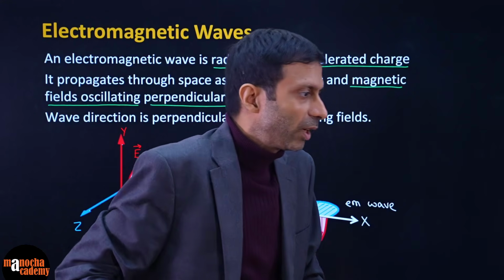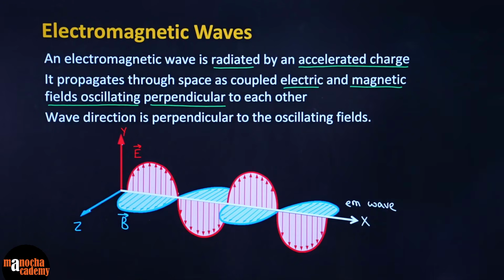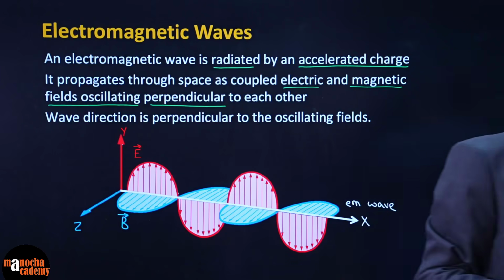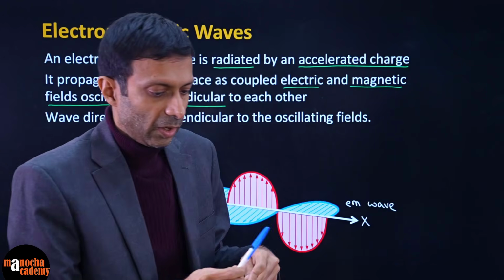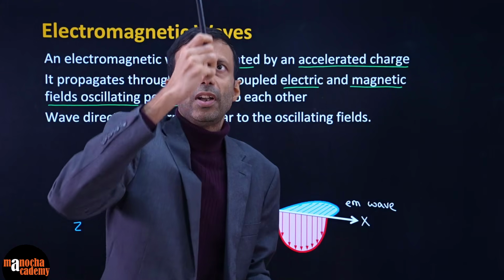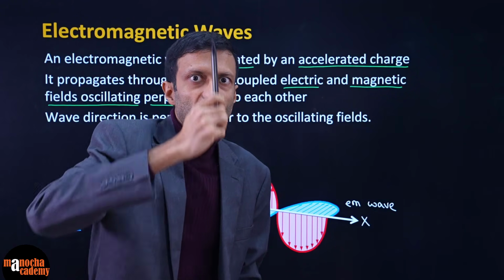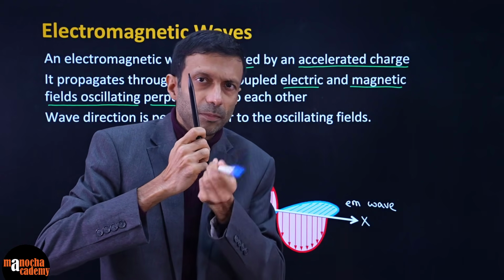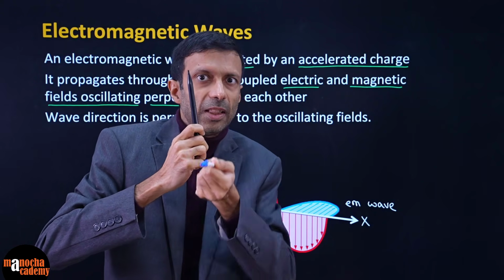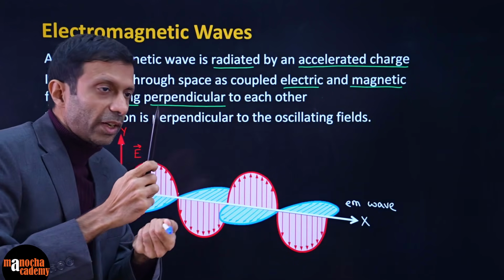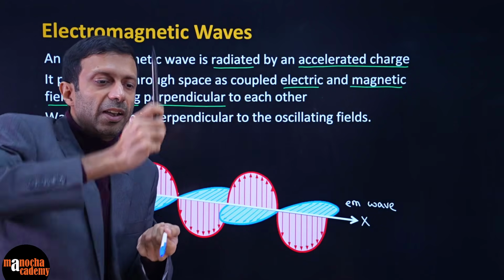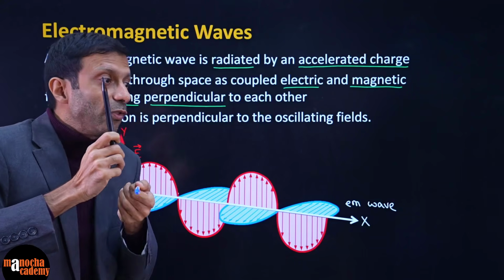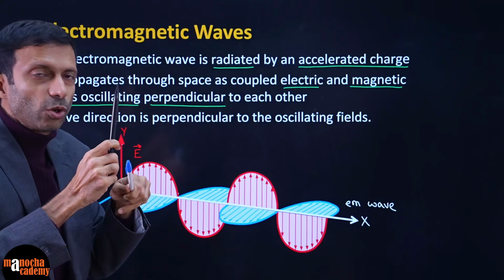Everybody look at me carefully. Let's say I use this marker and the pen here. This is my electric field in the vertical direction. This will produce a magnetic field in the perpendicular direction, this white pen here. The red one is the electric field oscillating, this is the magnetic field, and the wave will propagate along the x. It's going to happen like this.